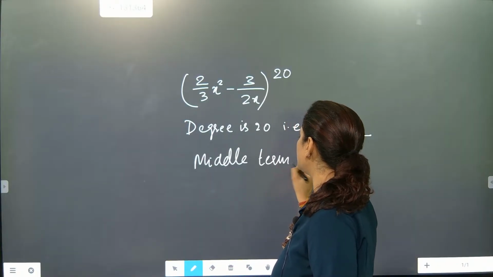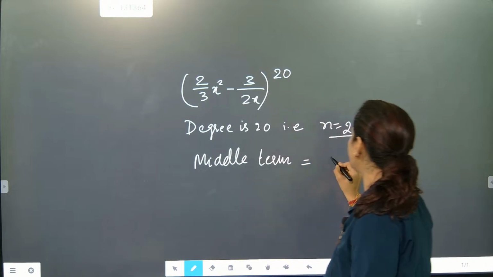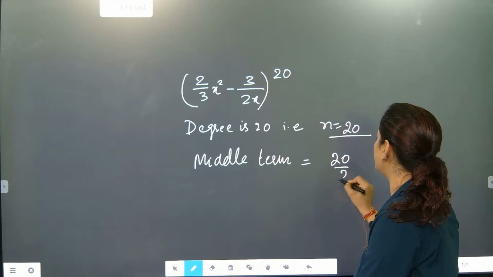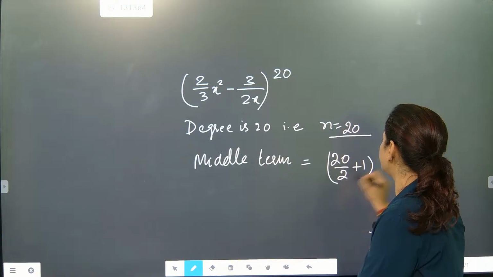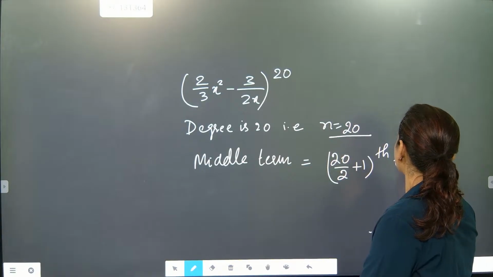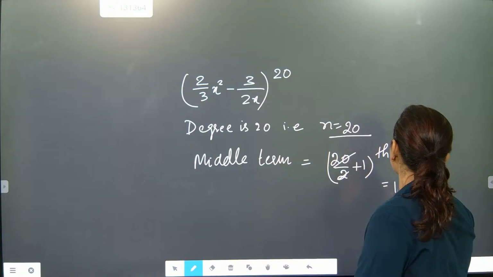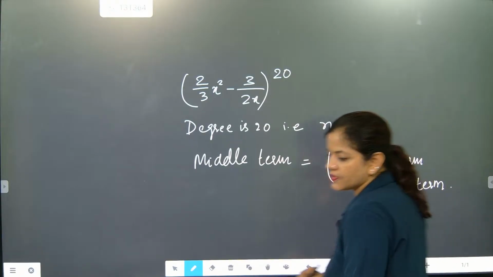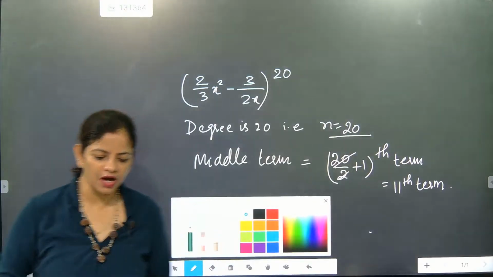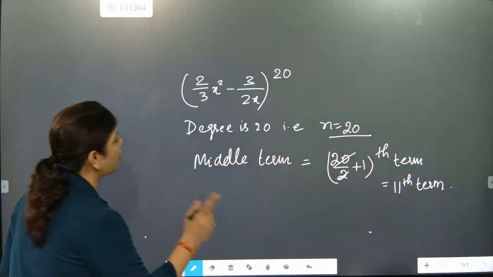What was the formula? When it is even, it will be the 20 by 2 plus 1 term. So it will become the 11th term.